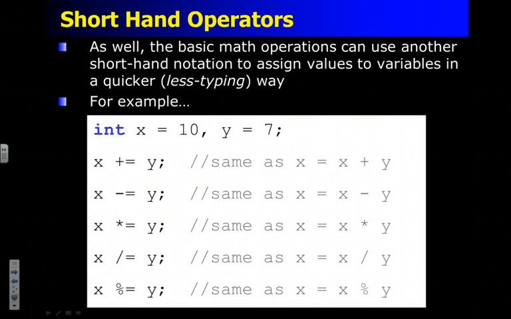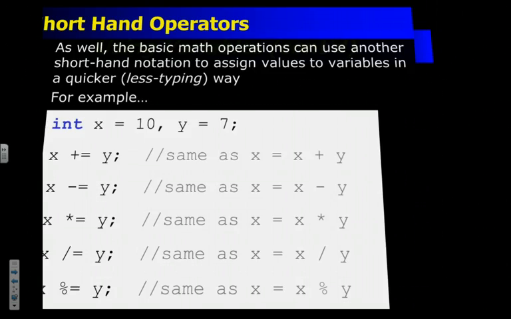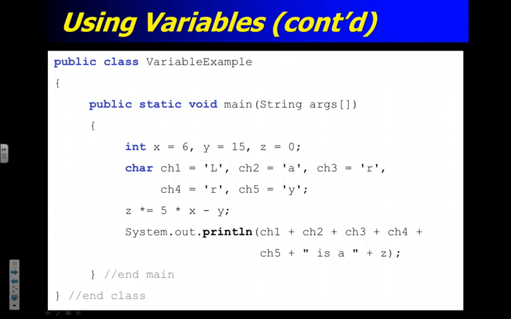Now these I don't necessarily recommend unless you really grasp what's going on here, because when you look at code like this in the future, it might be really confusing as to what's going on. But that being said, I won't deduct marks if you do this. If you want to be an incredibly lazy coder and type less code, that's great. This will work for you. It's more efficient in the sense that you have less typing to do. I just think it's a little bit harder to read, especially as you're getting started programming. But absolutely, you can use that if you want.